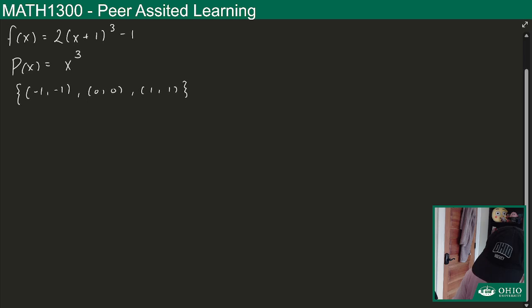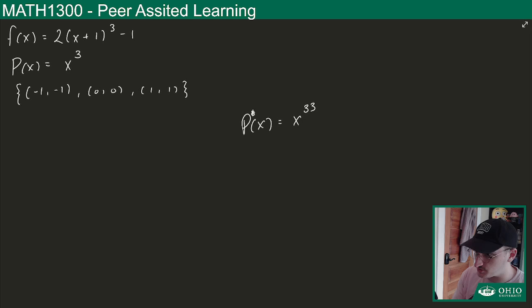If my parent function was x to some very large odd number, let's say 33 instead of just 3, I could use the same exact sample points. It's just going to sharpen the curve. Don't worry too much about this right now; you're concerned about this more basic example.